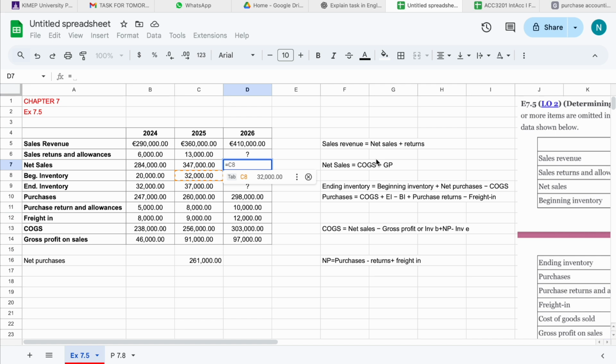To find the net sales, we have to sum up the cost of goods sold and net profit on the sales. So it's going to be 400,000.